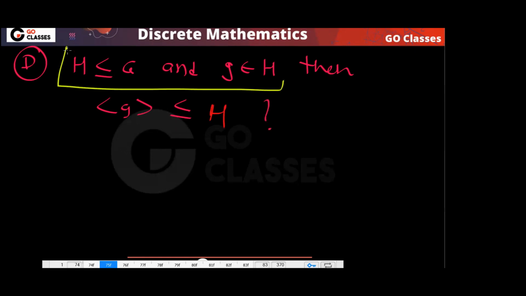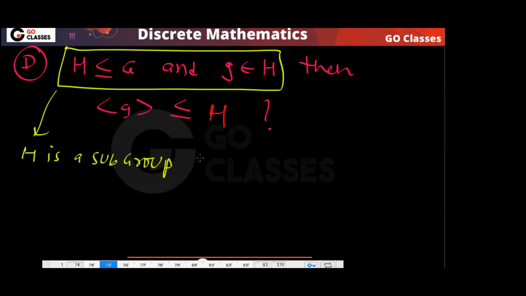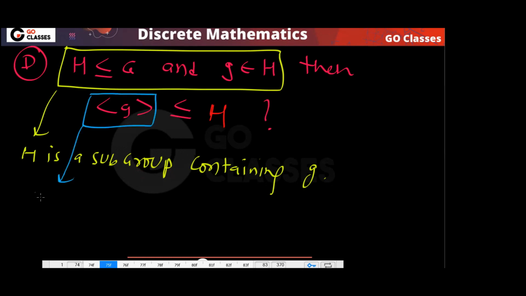First of all, what does this mean? This means H is a subgroup containing G. Agree or not? And what is this? This is a subgroup.